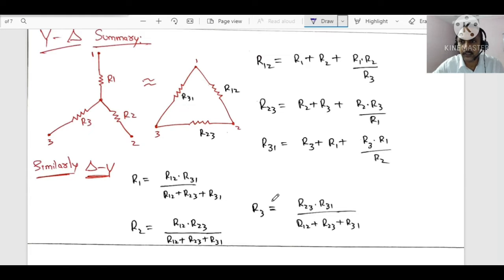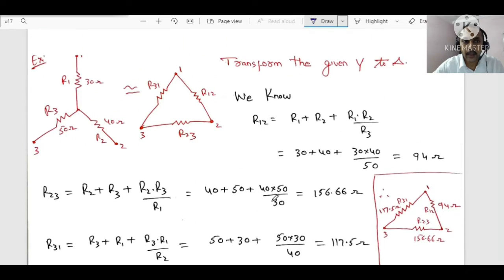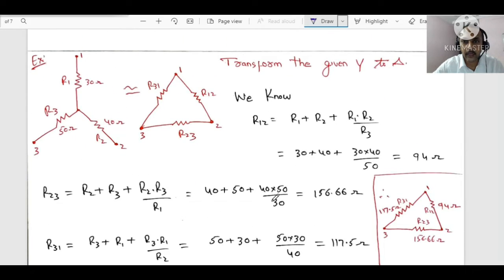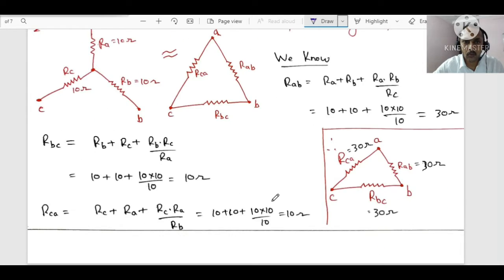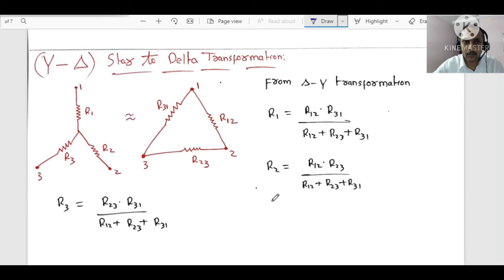In this video we will see the summary, and also we will discuss examples of how to transform the given star to a delta, right? So this is what we are going to learn in this video. But I request you once again, before starting star to delta transformation, you first complete delta to star transformation, right? Now, as already we have discussed the delta to star transformation, right?